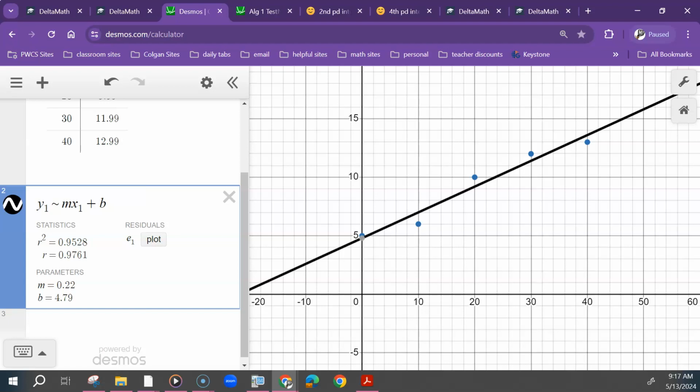And that will give us our line of best fit. It should say how many decimal places to round to, so be careful and make sure you're paying attention to that. And this one, we're just going to put all the decimals. So y equals 0.22x plus 4.79.